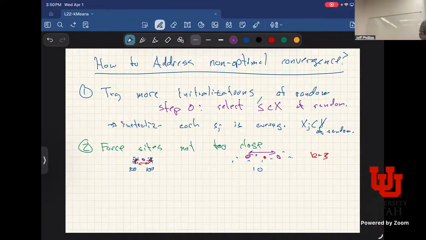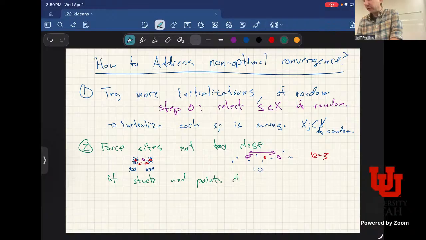So what is common to do is to say, if stuck and some points close, then randomly reassign to a far point.